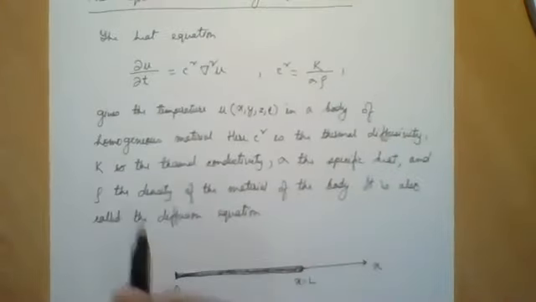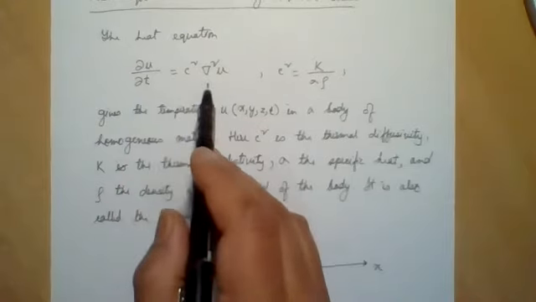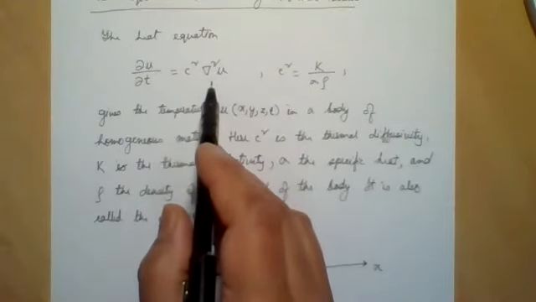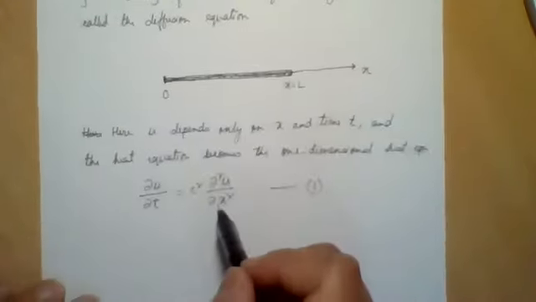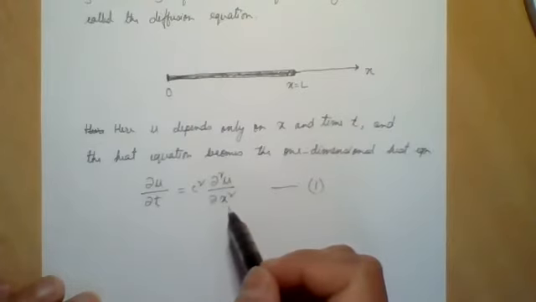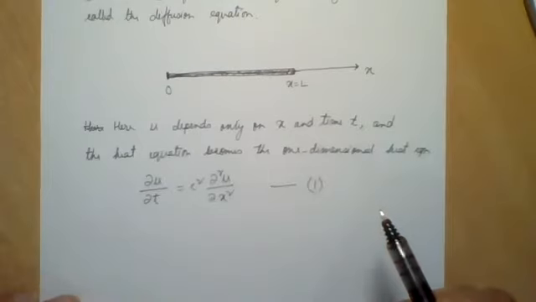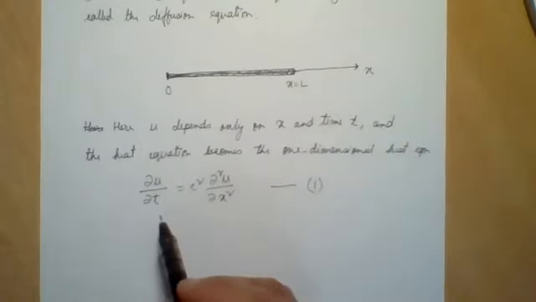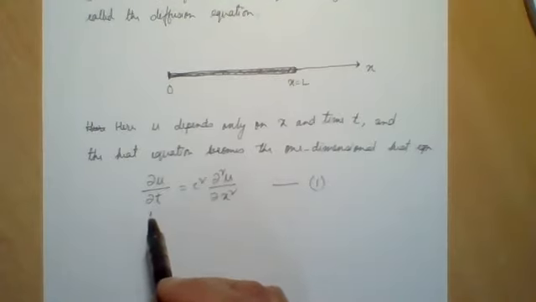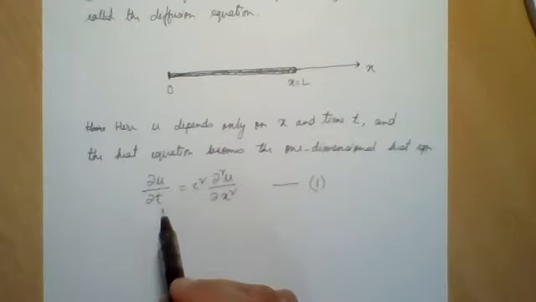So this is the heat equation in three dimensions. In one dimension, this Laplacian reduces to second order partial derivative with respect to only x. So this is slightly different from the wave equation which we discussed earlier. In wave equation, this is second order partial derivative with respect to t.